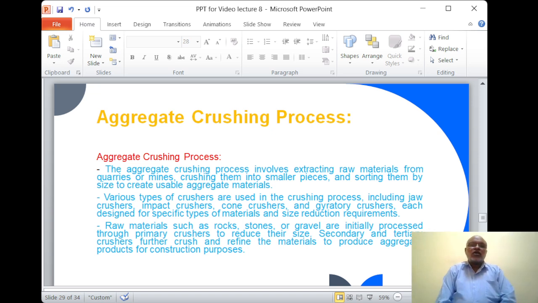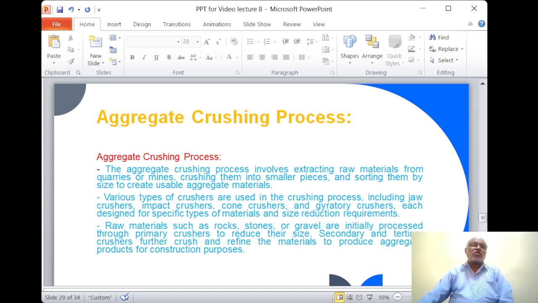In some cases, crushing may be required to further reduce the size of the raw materials to meet specifications. And then stockpiling and storing. Store the processed fine aggregate in designated stockpiles to prevent contamination and ensure easy access for transportation.